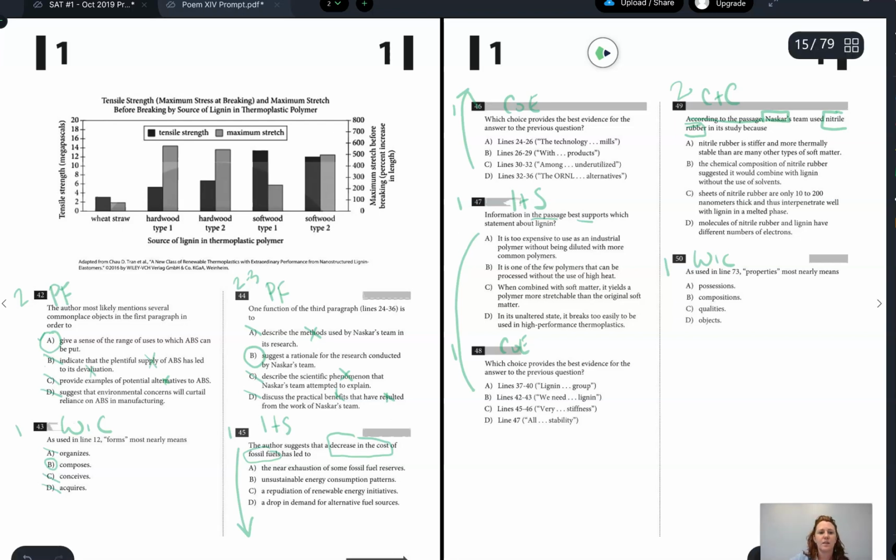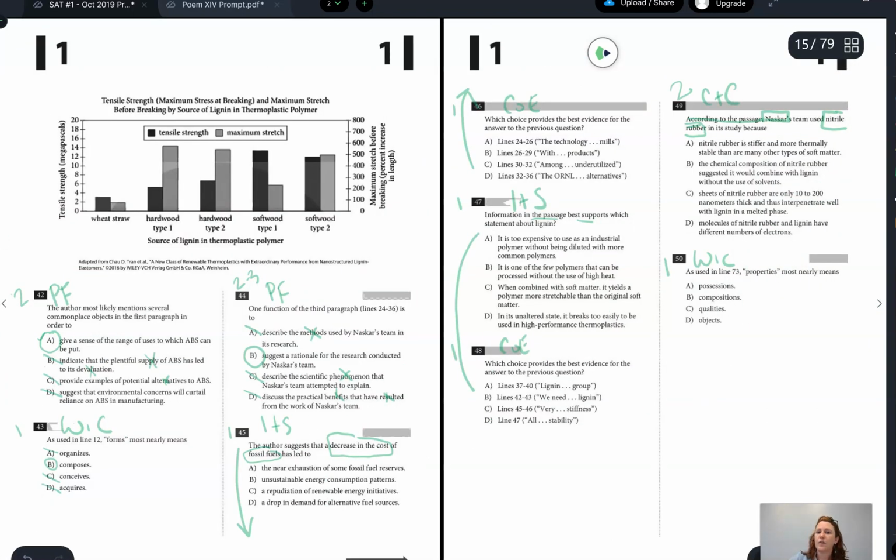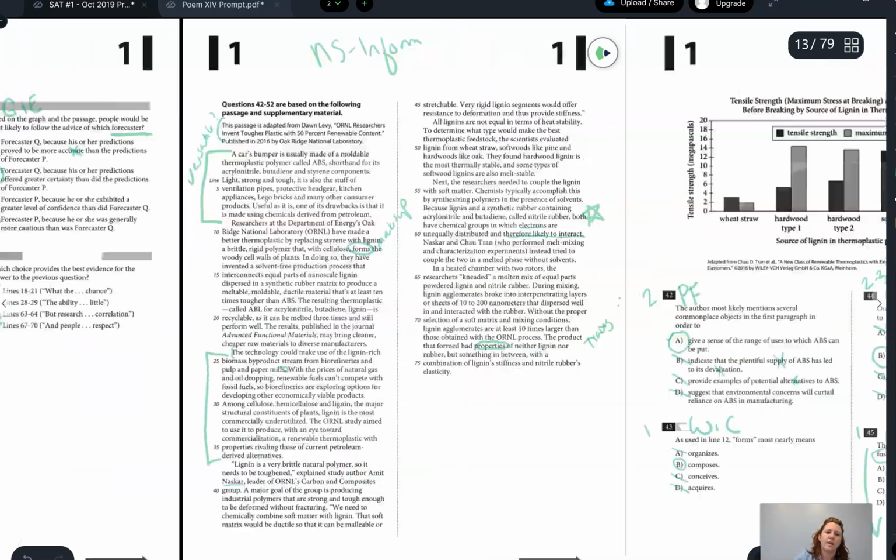24 through 26, let's start there. All right, 24 through 26. The technology could make use of the lignin-rich biomass product stream from biorefineries and pulp and paper mills. Okay, so that is about the biorefineries, not about fossil fuels, so we'll get rid of that one. 26 through 29.